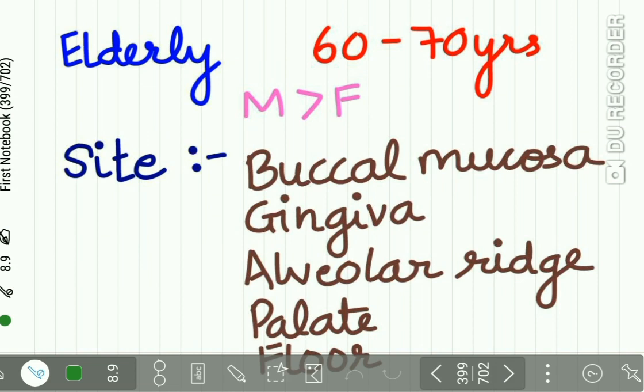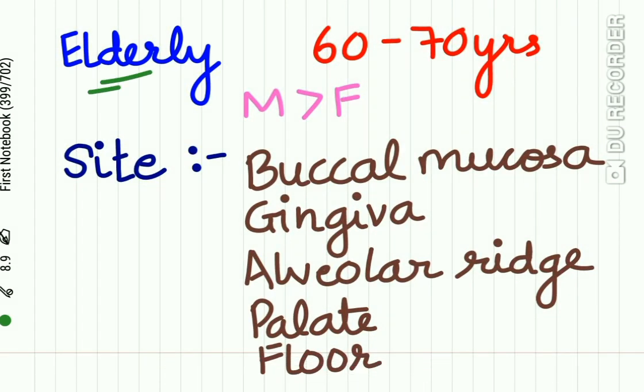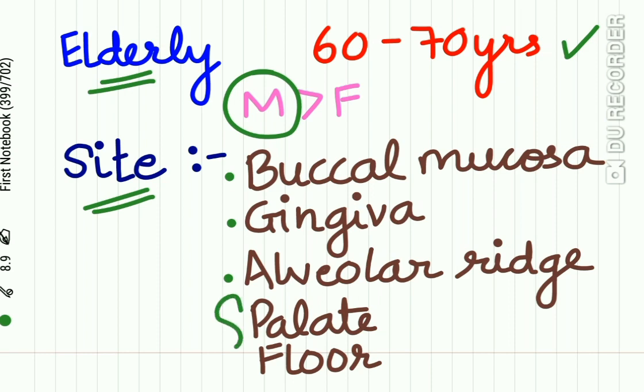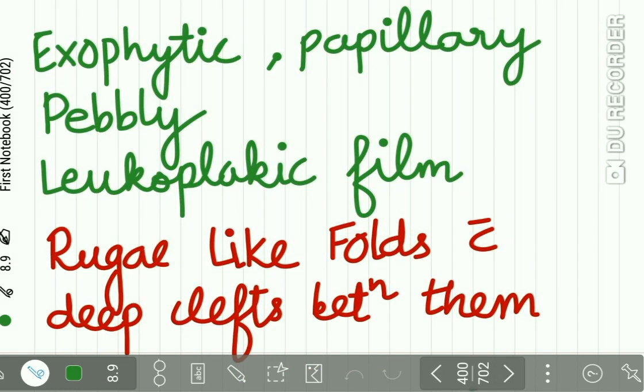Now, the clinical features: it occurs mostly in the elderly, of the age range 60 to 70 years. Males are affected more than females, and the most common sites of occurrence are the buccal mucosa, gingiva and the alveolar ridge, while the palate and floor of the mouth are affected in rare cases.